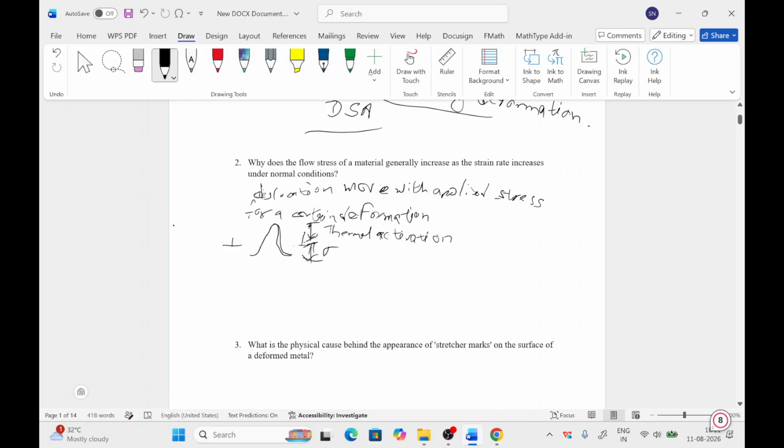To overcome this barrier, more stress needs to be applied.